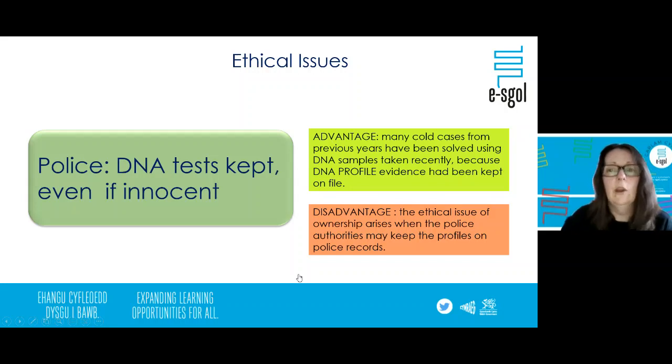And you can see here that cold cases from previous years have been solved with DNA samples that have recently been taken, because that information has been kept on file from a great number of years ago. So there is a benefit, there is a disadvantage to that, and it's just about you putting forward a balanced argument to make sure that you get your 6 points on that particular question.